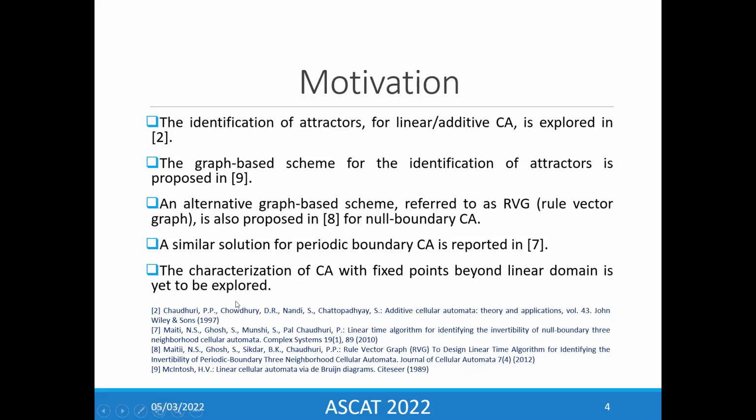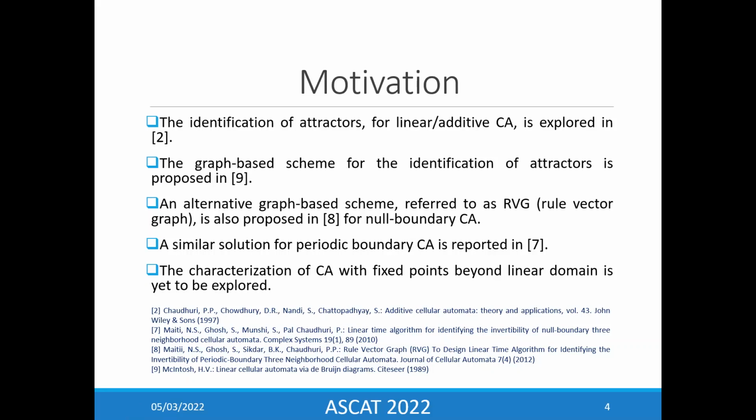Chaudhuri et al. proposed a technique to identify the attractor for a linear and additive CA. Next, a graph-based scheme to identify the attractor was proposed by McLean et al.